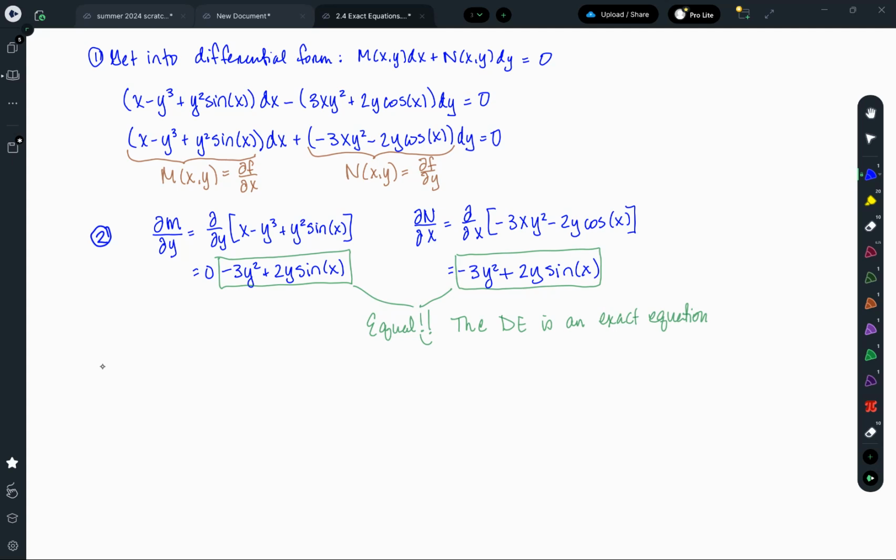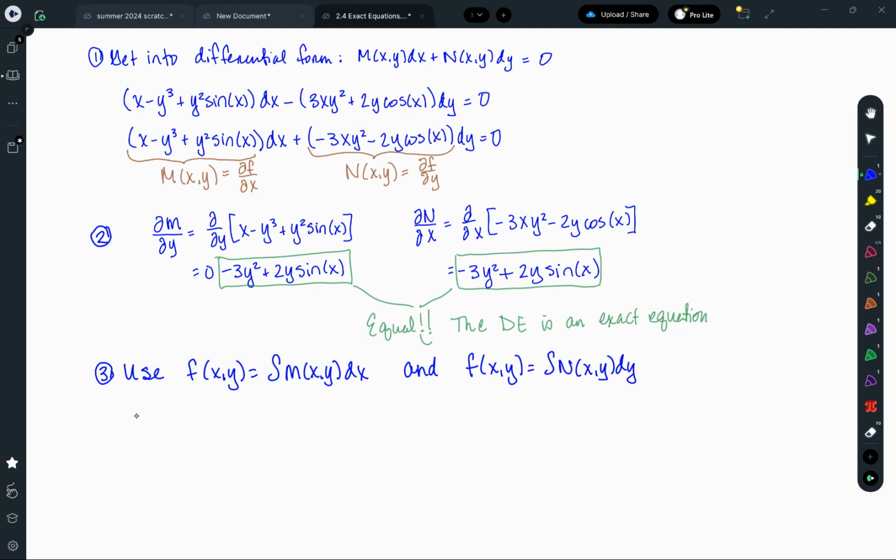So my third step is to go ahead and use the fact that f of xy is equal to the integral of m of xy dx, and f of xy is equal to the integral of n of xy dy, and see what that yields for me.